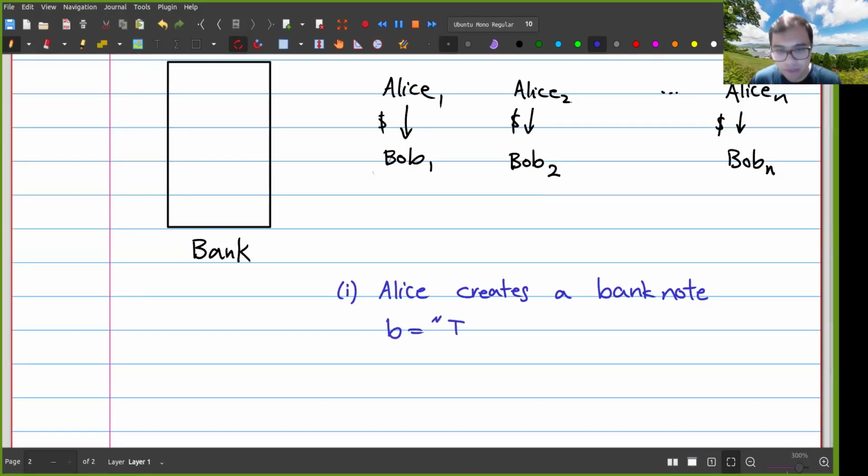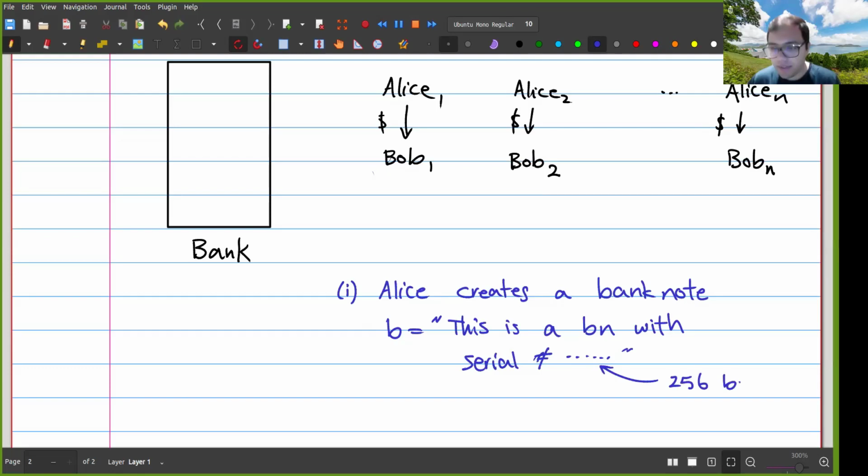So it can be something like this. This is a banknote with serial number and then a number. Okay, and this number should be long. Let's say this number has to be, I don't know, 256 bits. So Alice creates a banknote and she just chooses a random serial number.